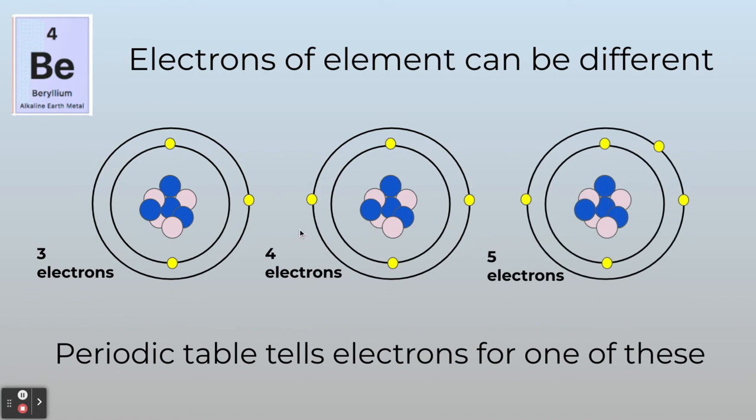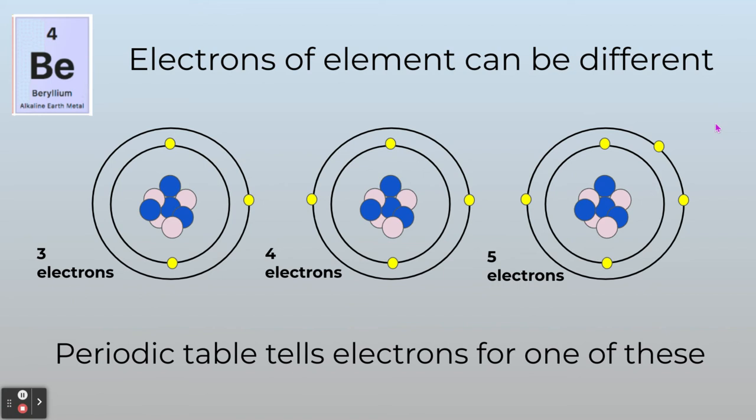All of these are beryllium atoms because they all have 4 protons in the middle there, those blue guys, but they have different amounts of electrons. Okay, so that's what I mean when I say atoms of the same element can have different amounts of electrons.